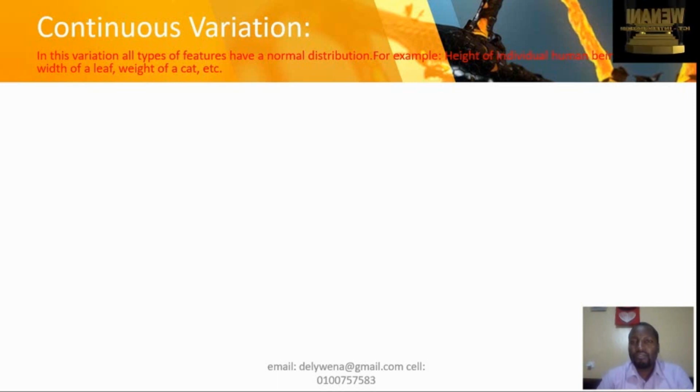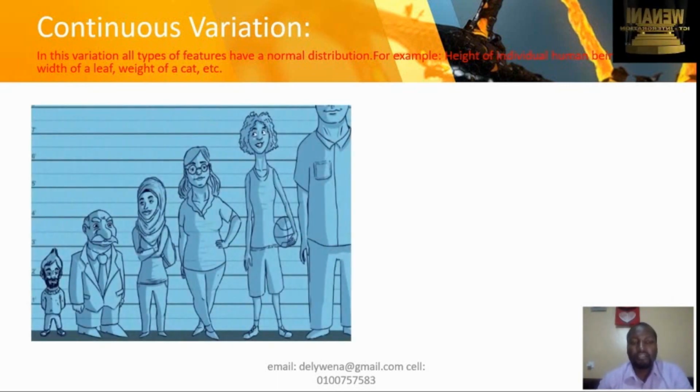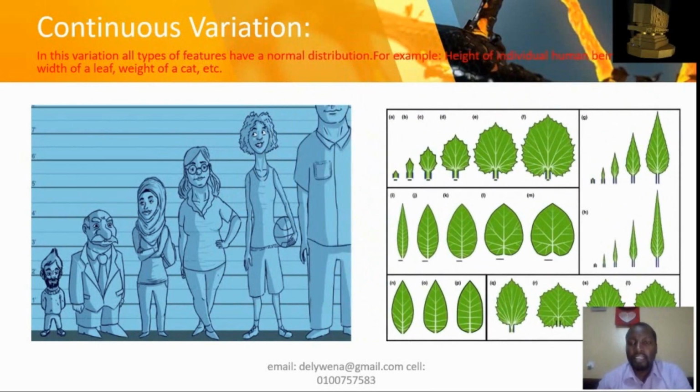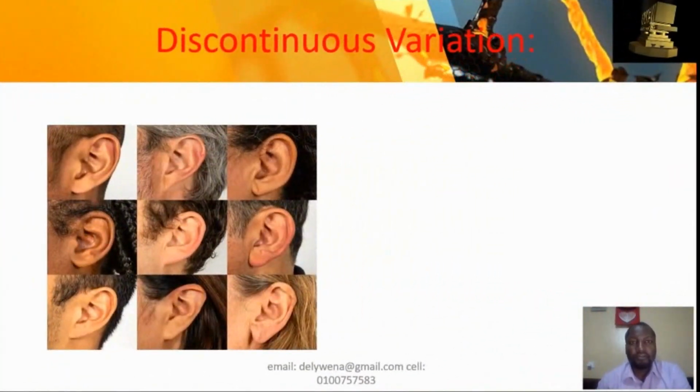For example, the height of individual human beings, width of a tree, weight of a cat. Example is that one, that is the height in individual, and therefore also we have the leaf sizes and the shapes. They are continuous.